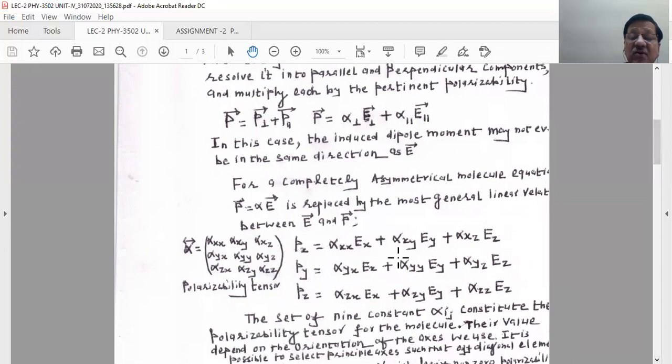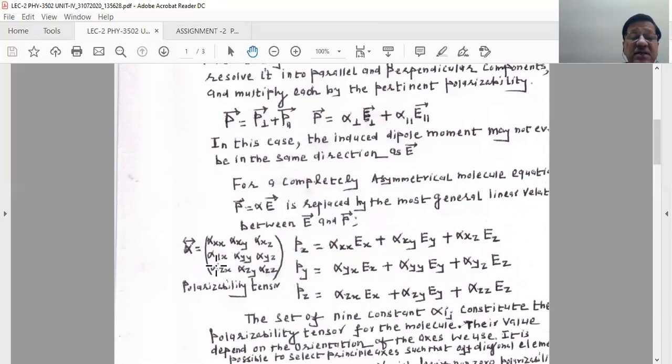Friends, here I write down the set of constants: alpha xx, alpha xy, alpha xz, alpha yx, alpha yy, alpha yz, alpha zx, alpha zy, alpha zz. More generally, this set of 9 constants, alpha ij, basically constitutes the polarizability tensor for the molecule.